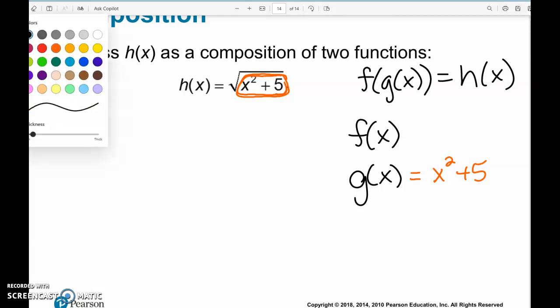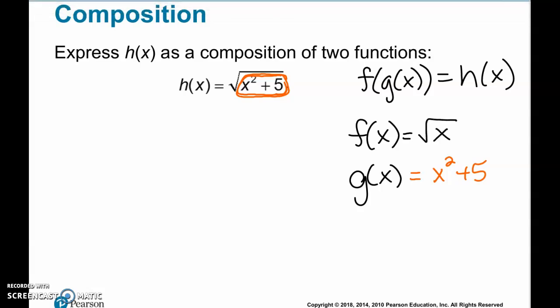So my outside would be the square root of x. If I input this into f, I end up with the composition. So my original functions would have to be the square root of x, and then g of x would be x squared plus 5.